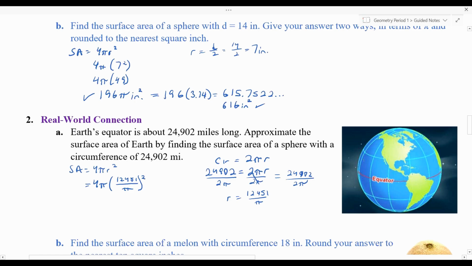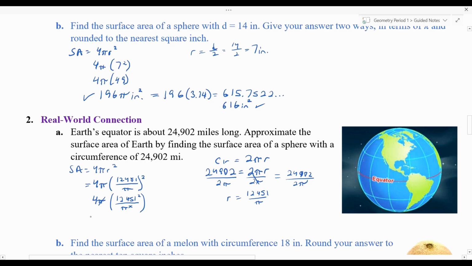Alright, so let's actually clean this up a little bit. I can rewrite this as 4 pi times 12,451 squared divided by pi squared. Now something happens here: this pi gets cancelled with one of these exponents over here.